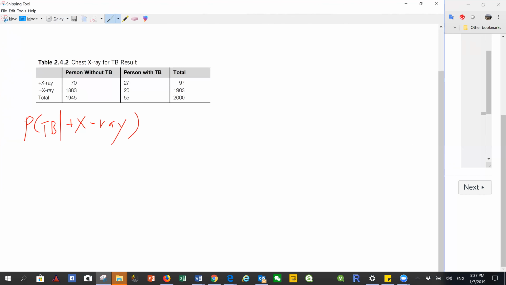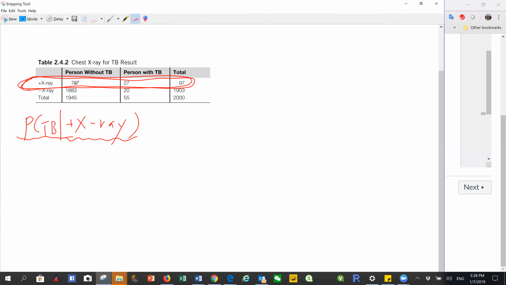So this is given this, find TB. That means out of so many positive X-ray results, how many of them actually have tuberculosis?